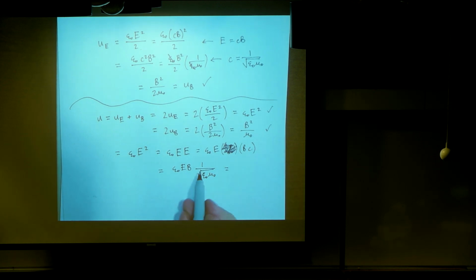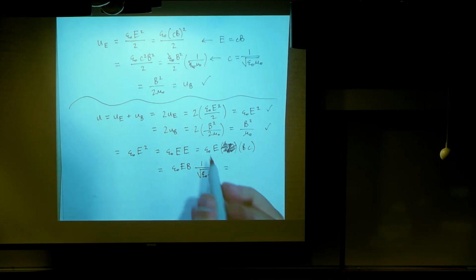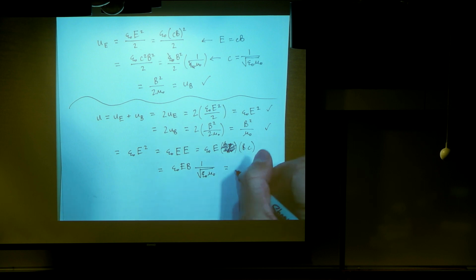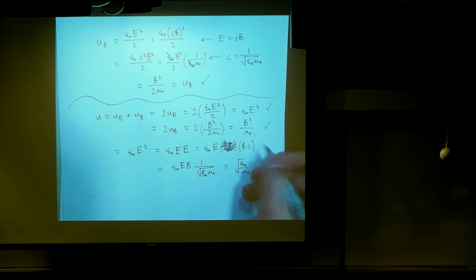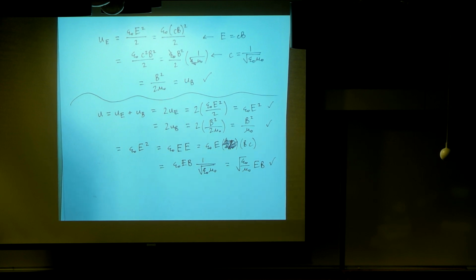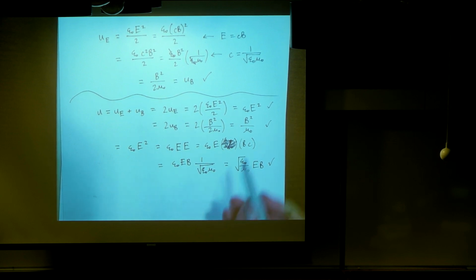So if I collect everything that's here, epsilon naught divided by the square root of epsilon naught is like having the square root of epsilon naught on top, and then the square root of mu naught on the bottom like this, okay? And then all that's multiplying E times B. So yeah, that's what I wanted to get to right there, all right?